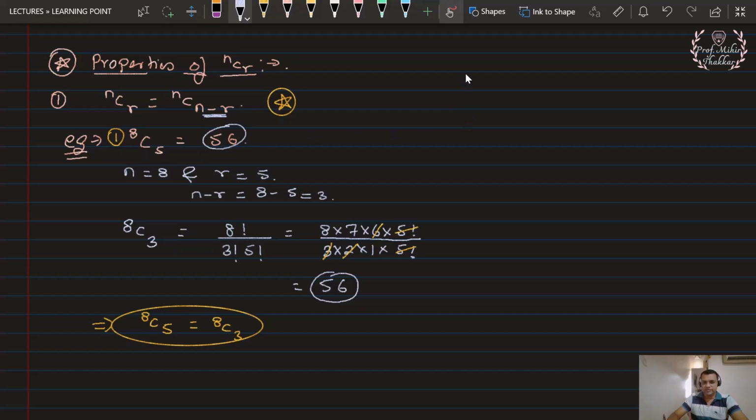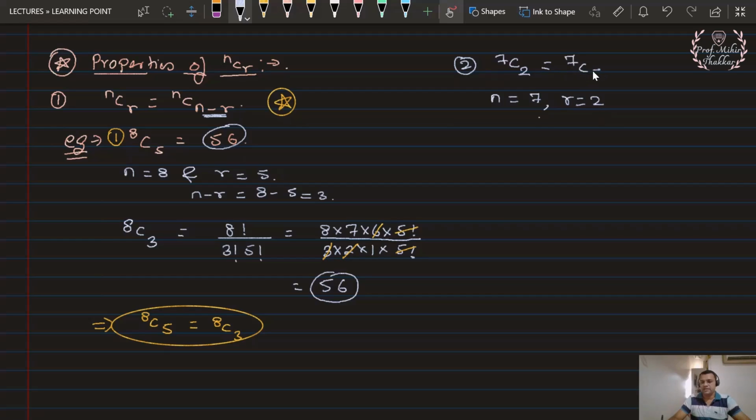Suppose this is example number 1. If I take example number 2 like this, 7C2. So just looking at this, I can directly understand that n is equal to 7 and r is equal to 2. So if I want to find out n minus r, 7 minus 2 is 5.